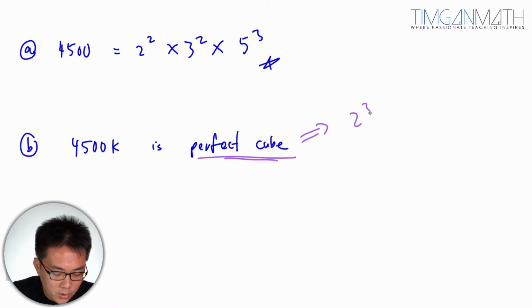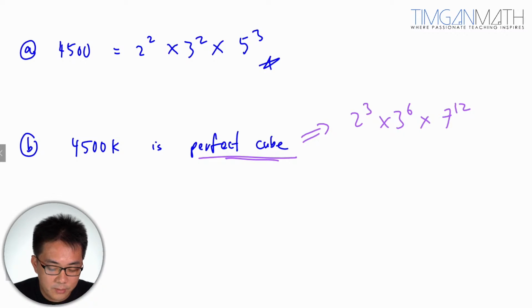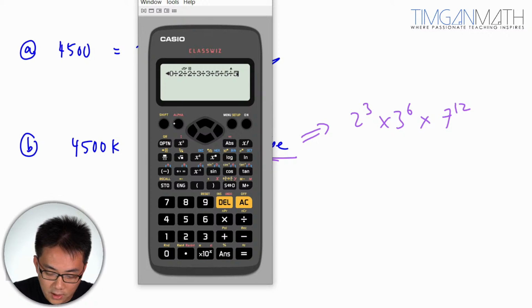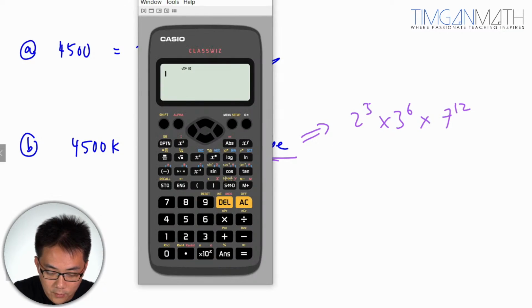It could be 2 cubed, or say 3 to the power 6, or say 7 to the power 3, or say 7 to the power 12. Anything where the power is divisible by 3 will be a cube. So essentially, 7 to the power 12, if you were to take the cube root, it will be cube rootable, if that makes sense.